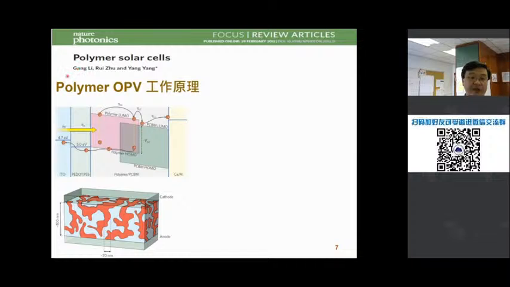For the polymer solar cell working principle, I just copied the images from a 2012 review article we wrote. It's a simple one. If you are a layman wanting to understand it, it's probably a simple one to read.